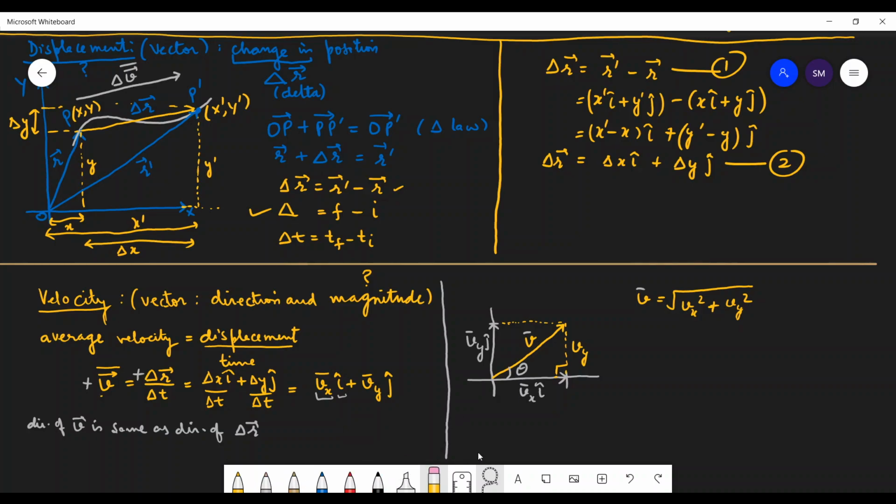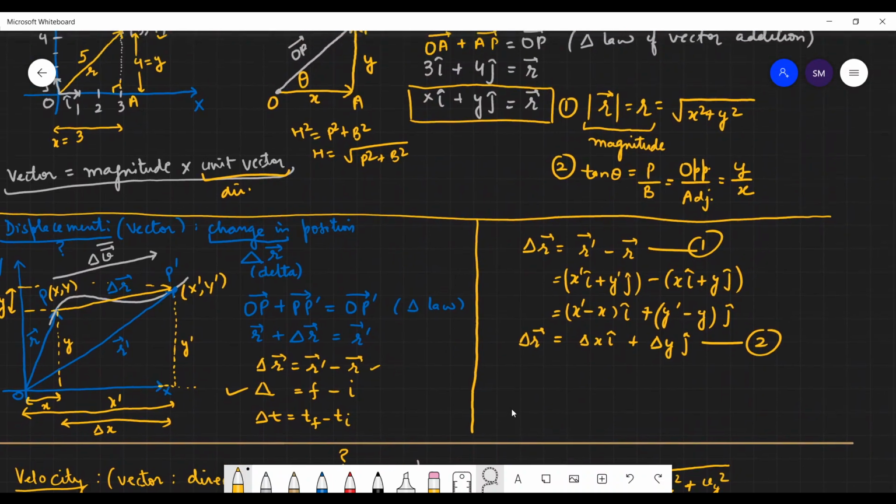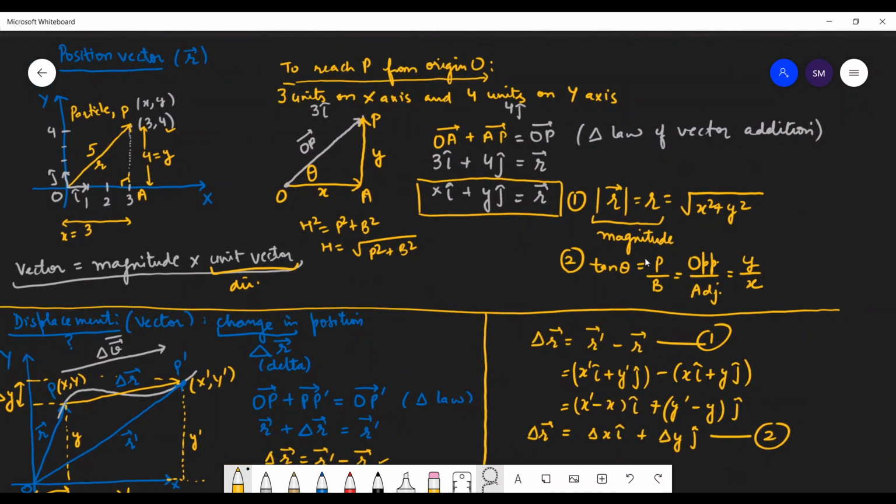Now if this is the base and this is the hypotenuse, then we know that tan theta is equal to, we have already written it over here. So tan theta is equal to, that we have written in the case of position vector. So same thing we are doing here again.